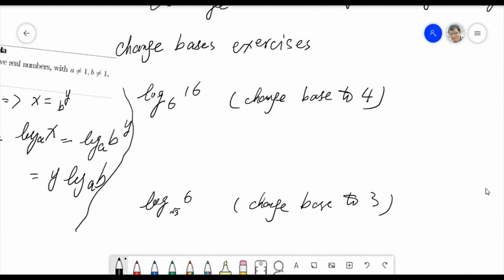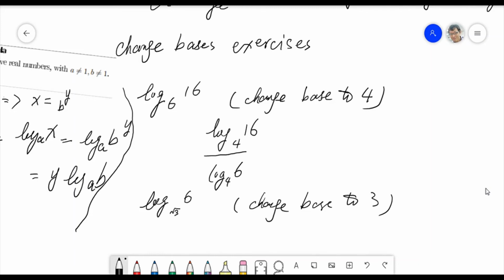So we remember, there will be a fraction, right? Below is log new base of old base, and above is log new base of the original number.